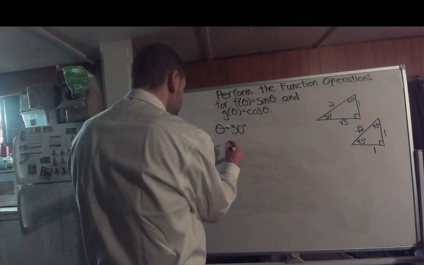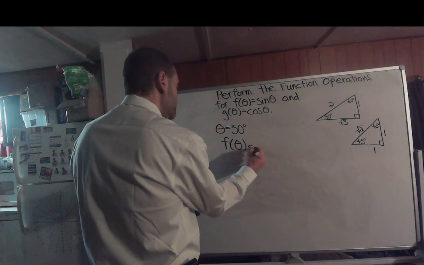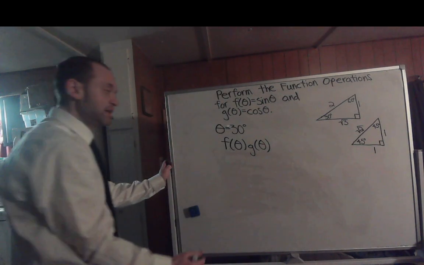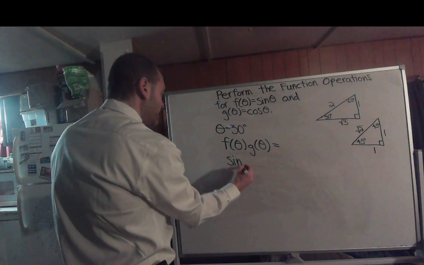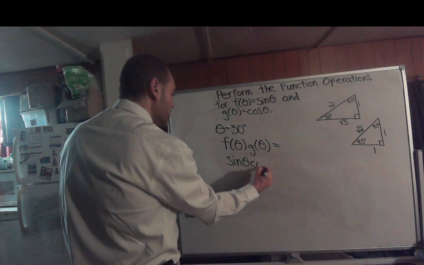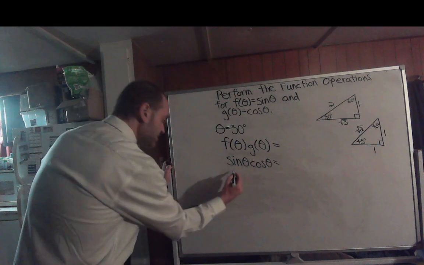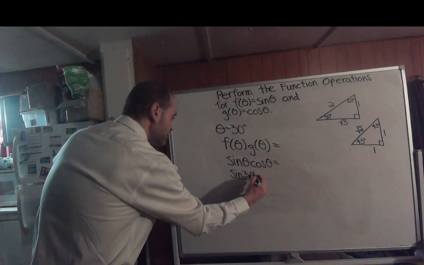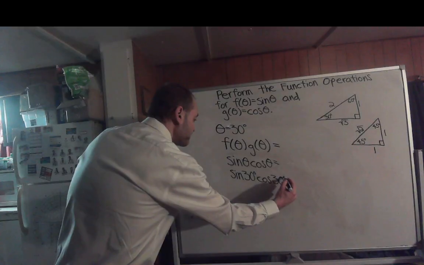Now we're going to take f of theta times g of theta. F of theta times g of theta, well, that equals the sine of theta times the cosine of theta. In this case, since theta is 30, that's going to equal the sine of 30 degrees times the cosine of 30 degrees.